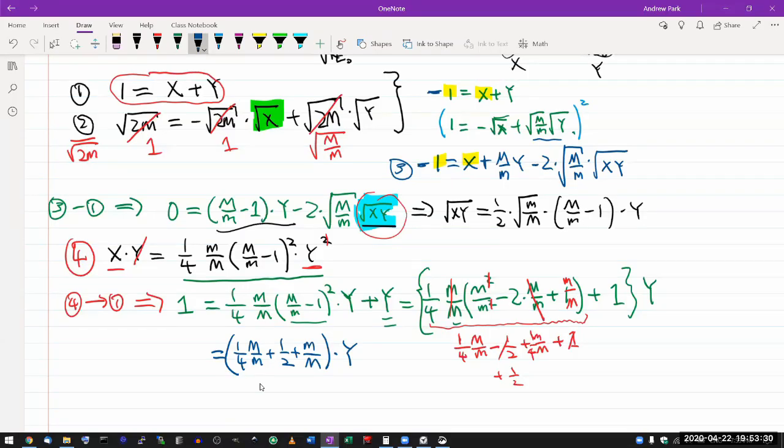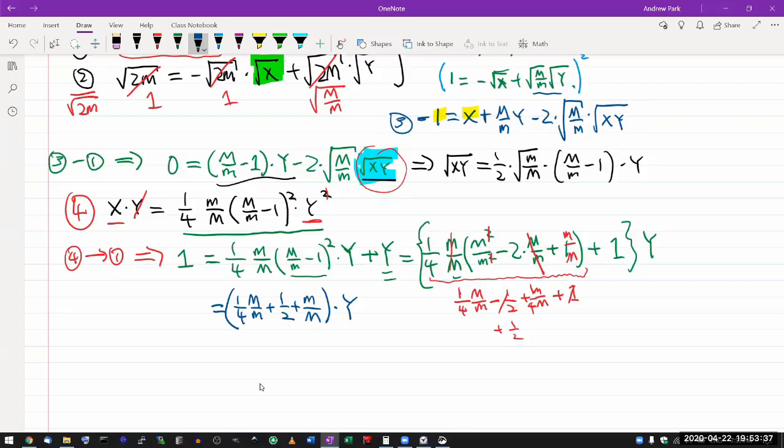But I guess that doesn't really simplify anything. So I can leave it here and just solve this for y. Say that y is equal to 1 over this ugly thing: 1/4 big M over small m plus 1/2. I keep forgetting that 1/4. Plus 1/4 small m over big M. I guess factoring out 1/4 is one thing you can do. But let me just leave that there.